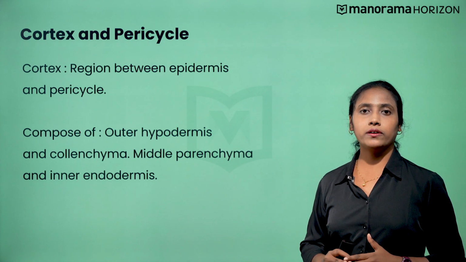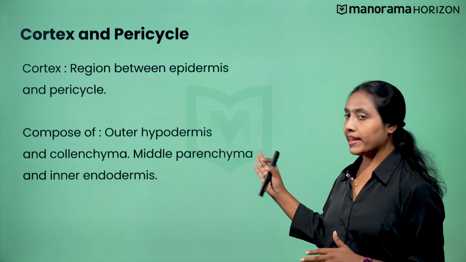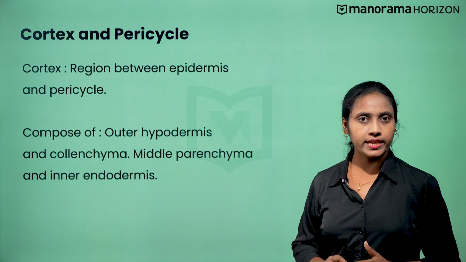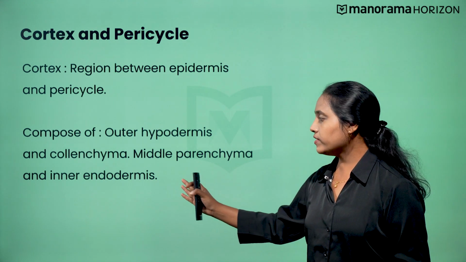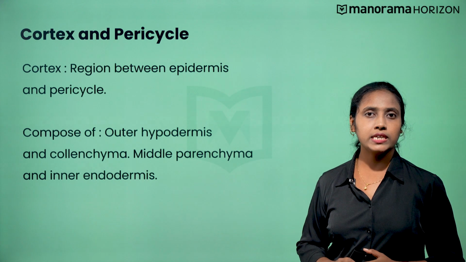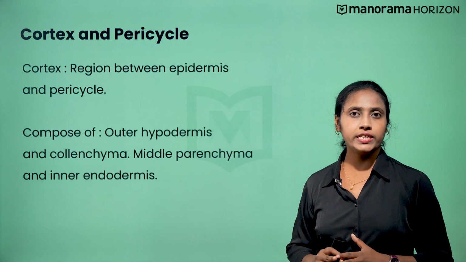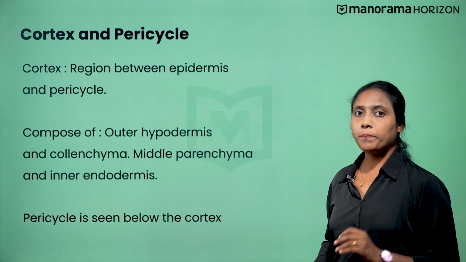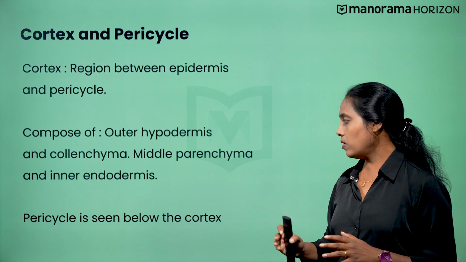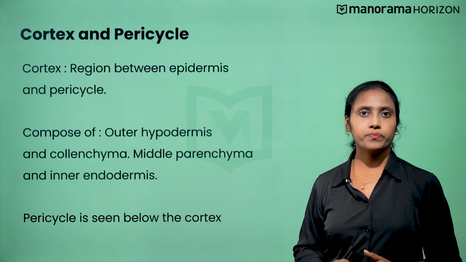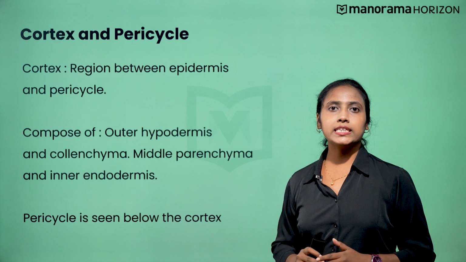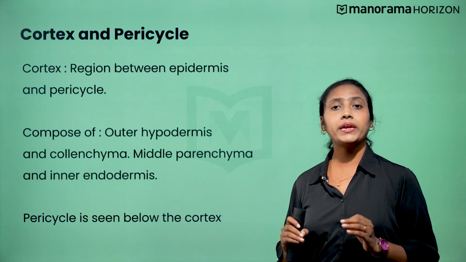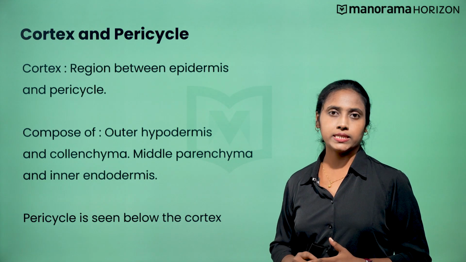The middle layer is made up of parenchymatous tissues, and they are thin walled cells. The inner layer, which is made up of endodermis, contains starch sheath since it is rich in starch. The pericycle lies near the vascular system. The medullary rays are present in between the vascular bundles and are made up of parenchymatous cells.